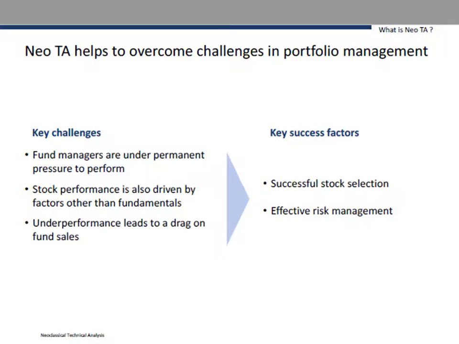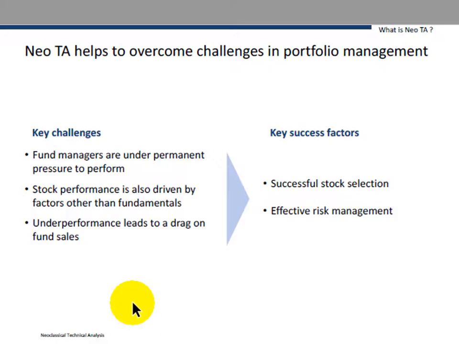Now, as we all know, when you're putting a fund together as a fund manager, you're under constant pressure to perform. The performance of the stocks that you pick is driven by factors that are not just the fundamentals. There are other things, in particular the technical, that can help you determine your timing in a much more granular, efficient and effective manner.